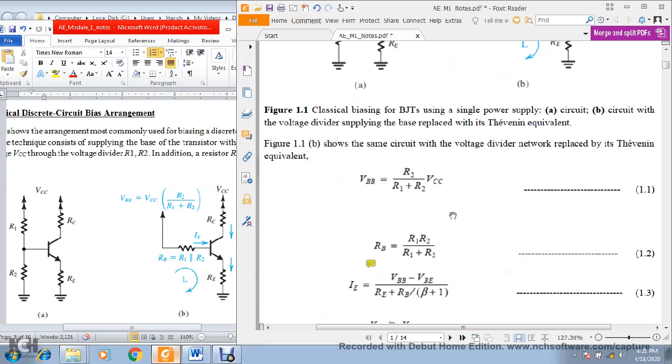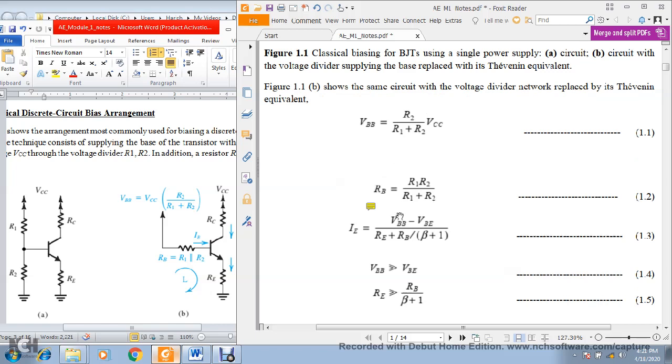See the equation here, this is VBB and this is RB, and IE is equal to VBB minus VBE divided by RE plus RB by (beta plus 1).